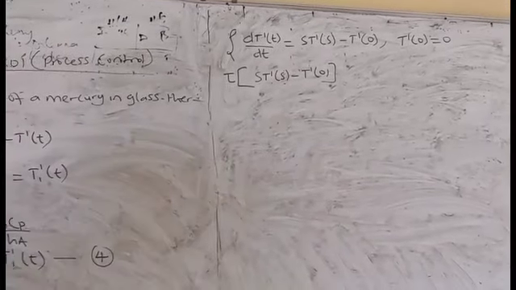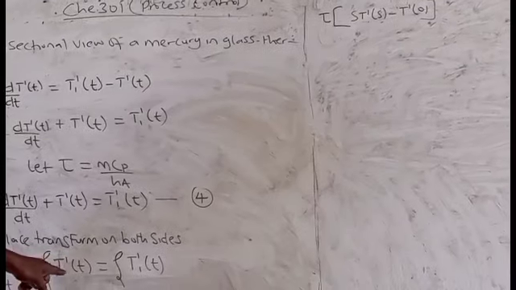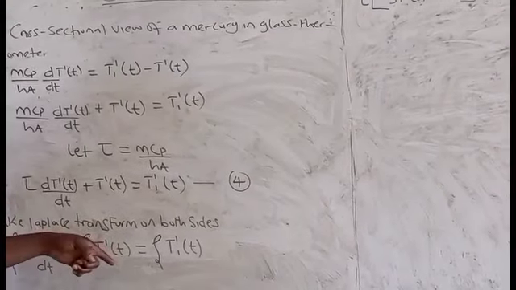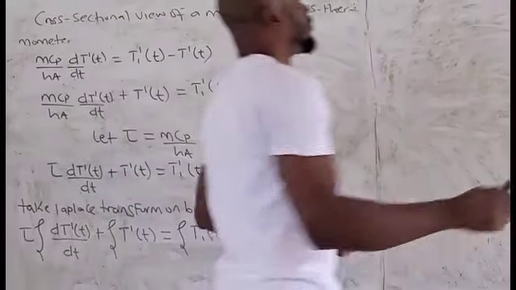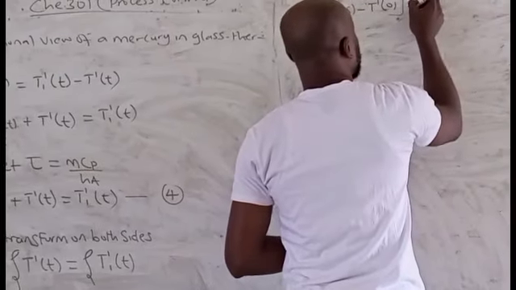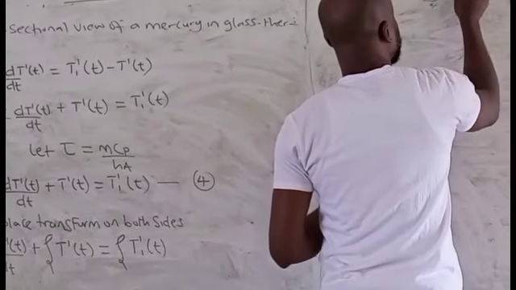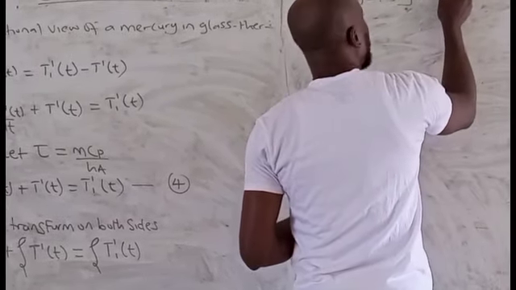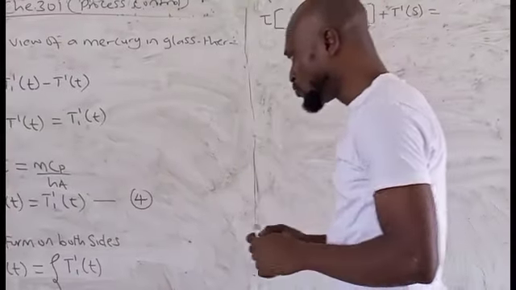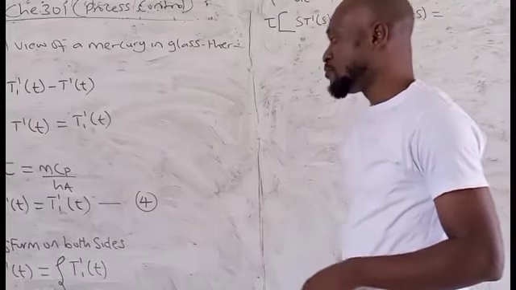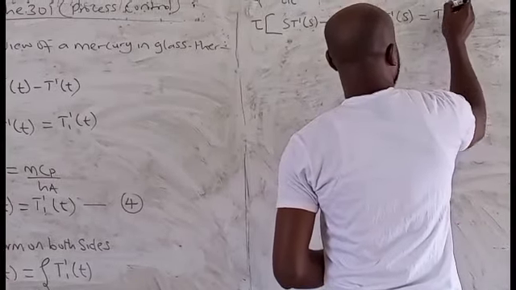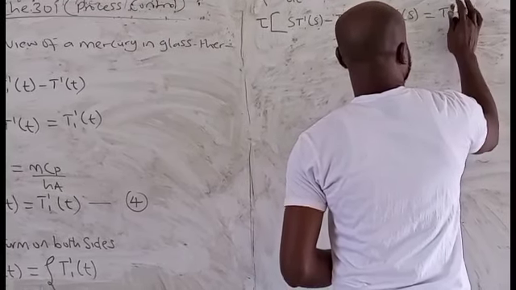The next term will now be plus the Laplace transformation of T'(t). This T'(t) will now be transformed to s, so it will now be plus T'(s), equal to the Laplace transformation of T1'(t), which will be transformed to T1'(s).